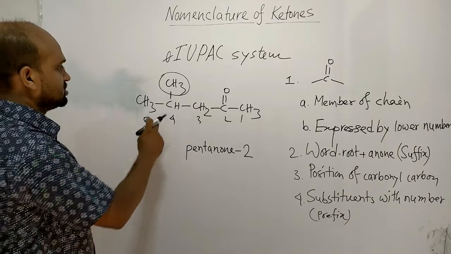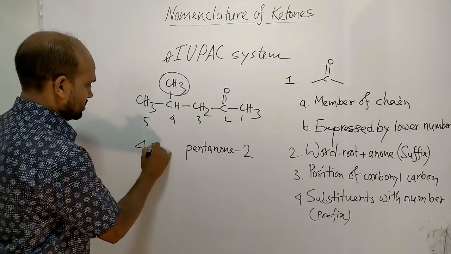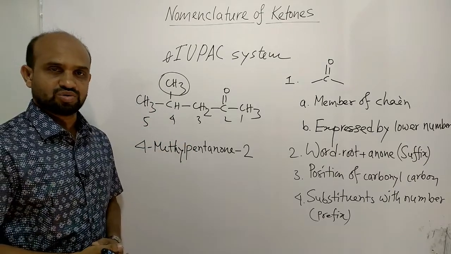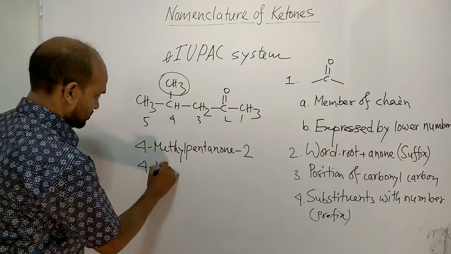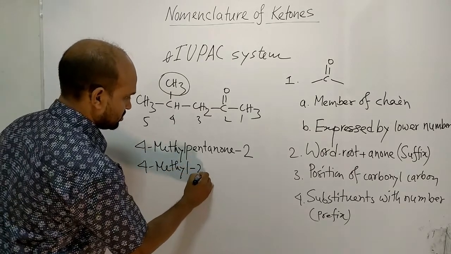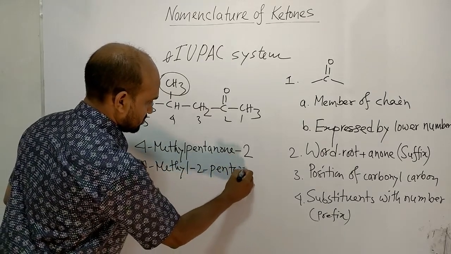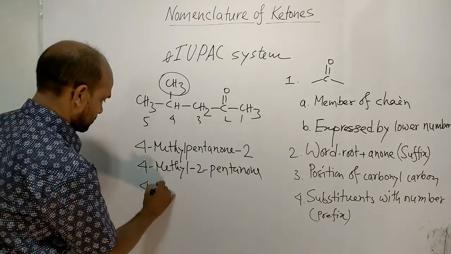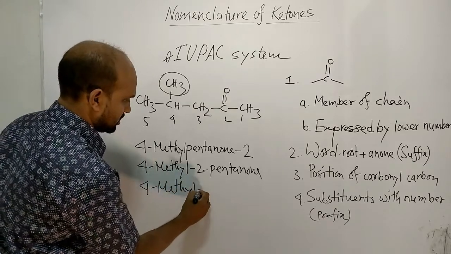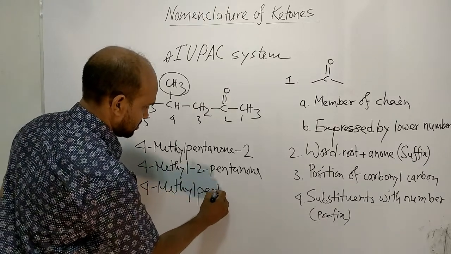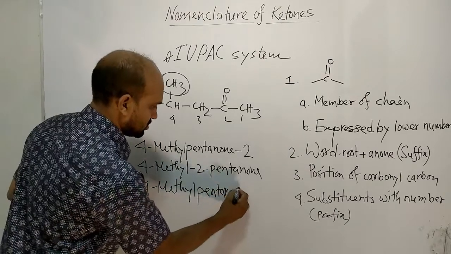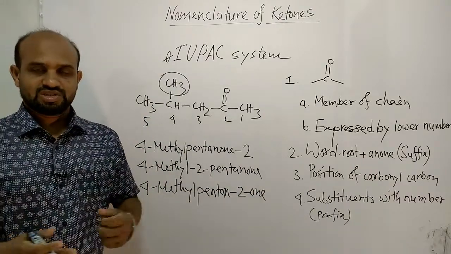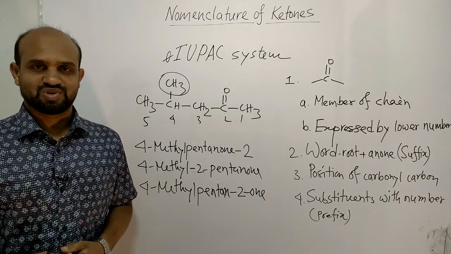So here the substituent is at 4, so 4-methyl pentanone 2, or we can write 4-methyl 2-pentanone, or we can write 4-methylpentan-2-one. My dear students, let's move on to the next point.